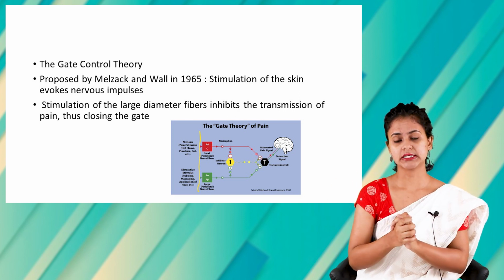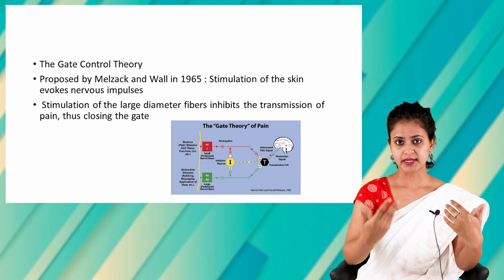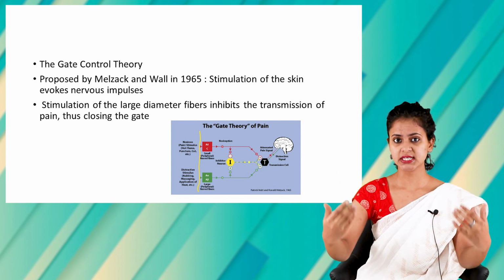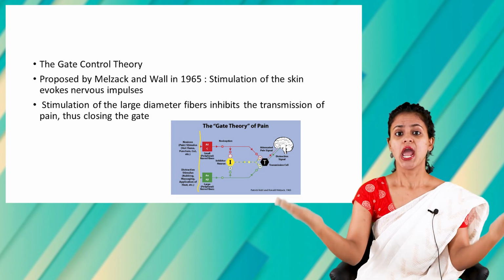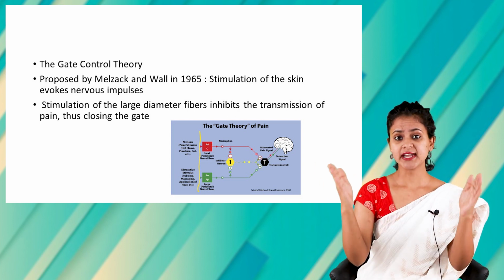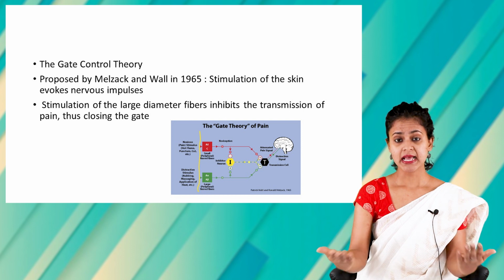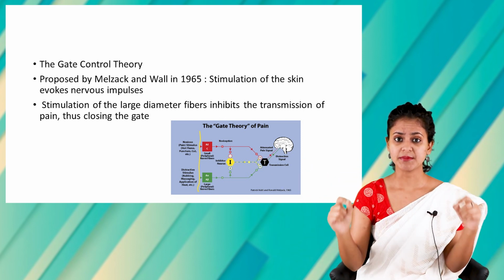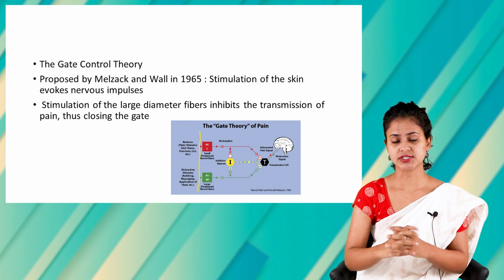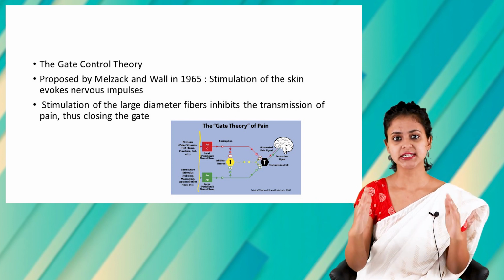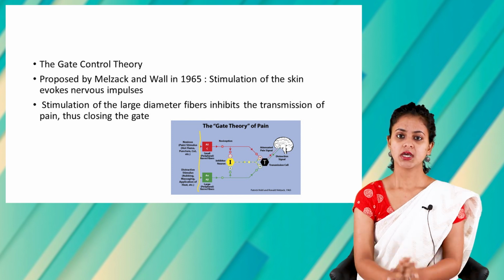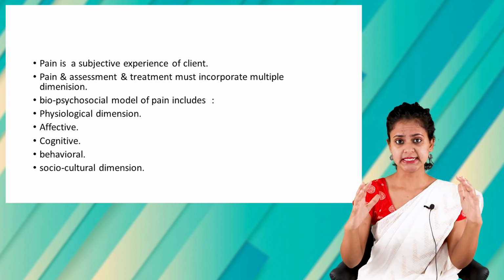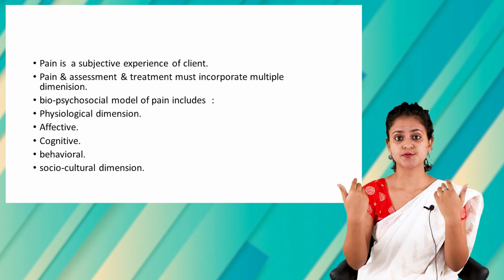Here we learn how the small nerve endings present in the periphery cause pain transmission, and that if the large diameter nerve fibers are stimulated enough, they can decrease pain stimulation. Now, as we have learned, pain is completely a subjective experience.